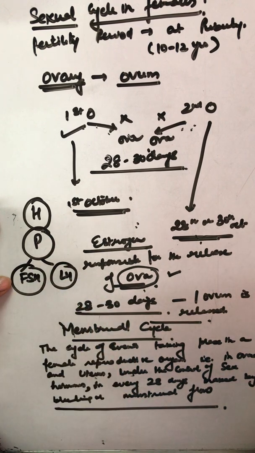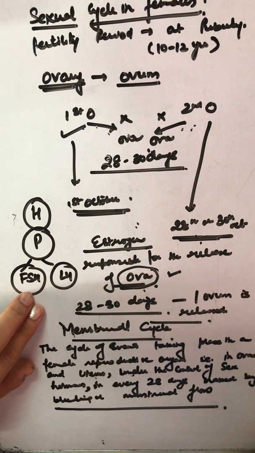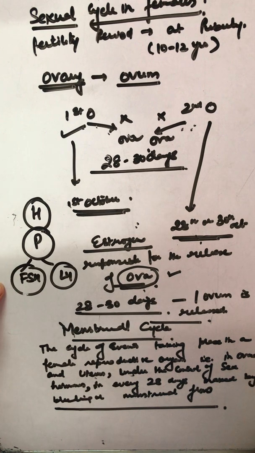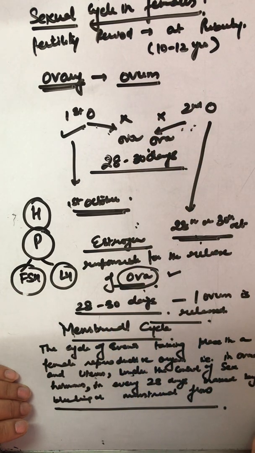Remember FSH, follicle stimulating hormone, and LH, luteinizing hormone. These two, which are here in the pituitary gland, are the gonadotrophic hormones because they control the ovary and the reproductive organs as well as their functioning. Clear?